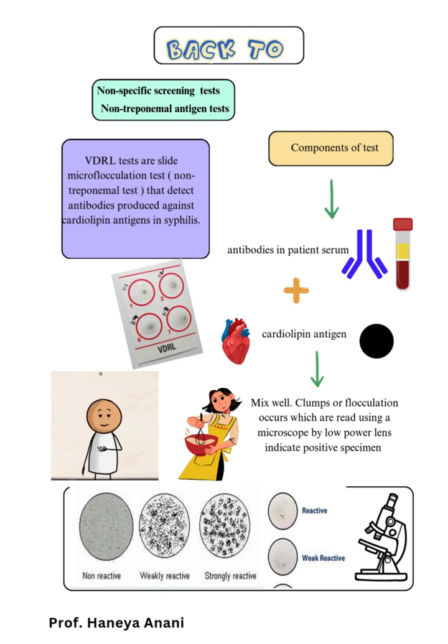VDRL tests are slide microflocculation tests, non-treponemal tests that detect antibodies produced against cardiolipin antigens in syphilis. Components of test: it uses cardiolipin antigen plus antibodies in patient serum. Mix well. Clumps or flocculation occurs, which are read using a microscope with low-power lens, and indicate a positive specimen.